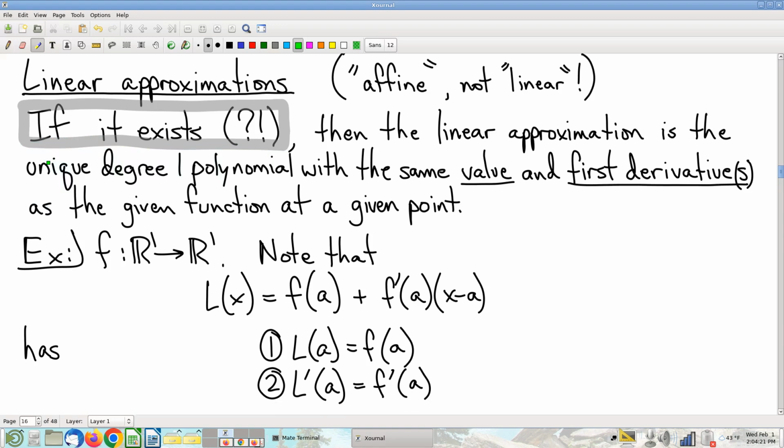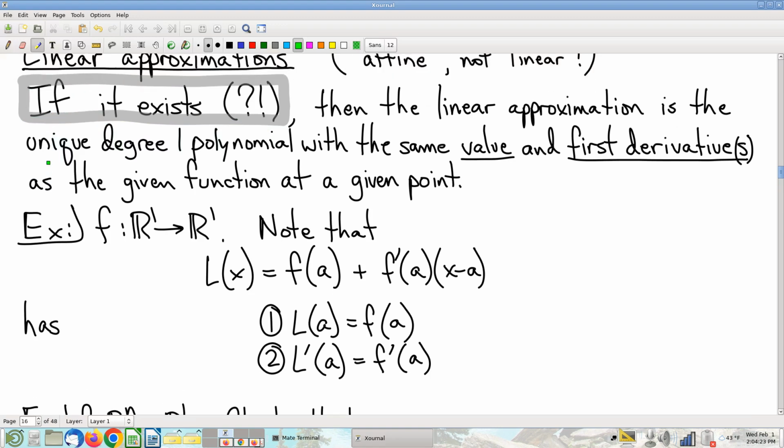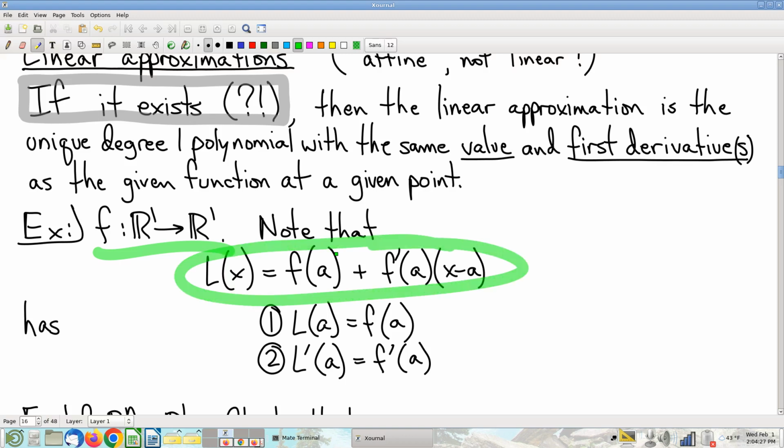I'm going to, again, work by analogy from the single variable case. So single variable, old formula for the linear approximation. There are lots of different ways you could motivate or describe this. Here's one that I think works really well here.